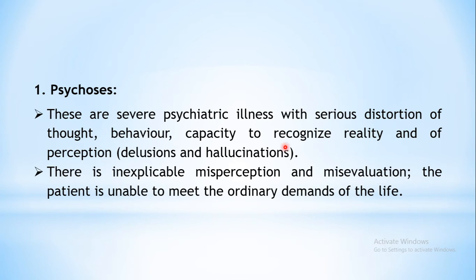Apart from that, the capacity to recognize reality, to think coherently about a particular situation or a thing, is lost over here. And perception, your ability to perceive something, that is to make correct decisions. You have the ability to identify what is correct, what is wrong. You perceive things correctly from your point of view, but that is majorly affected over here.